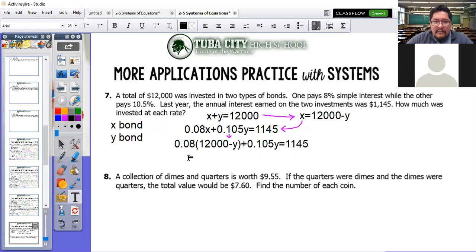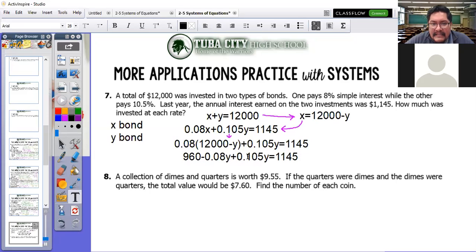And now I'm going to go ahead and multiply both of these. So 0.08 times 12,000, and that's going to give us 960 minus 0.08 y plus 0.105 y equals 1145.